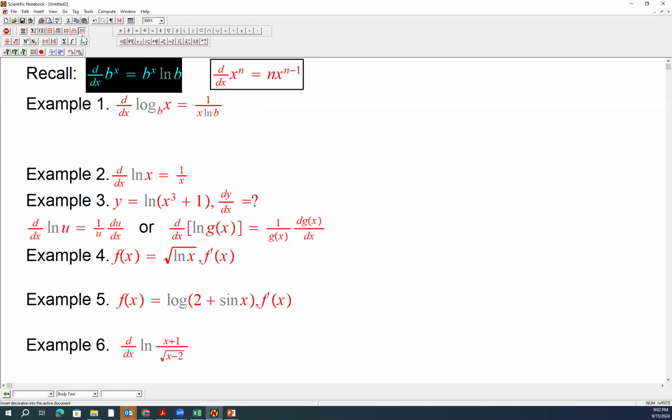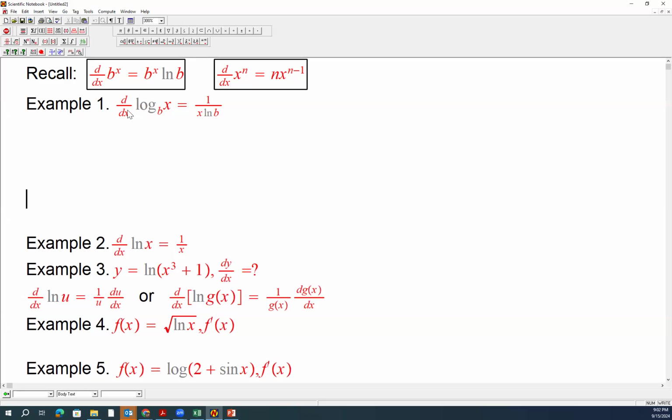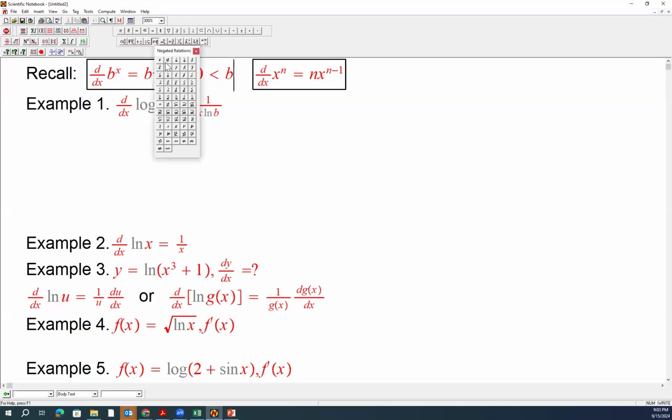The first example is to derive the derivative of log base b of x. Of course, according to the definition of logarithm and exponential, b is larger than 0 and not equal to 1.